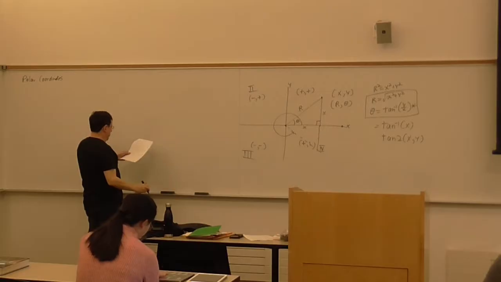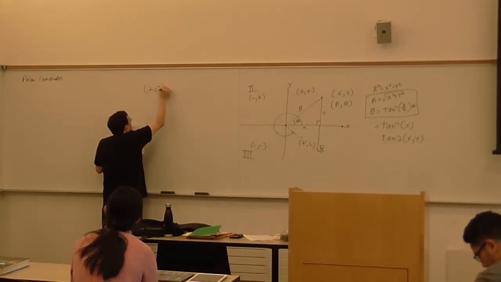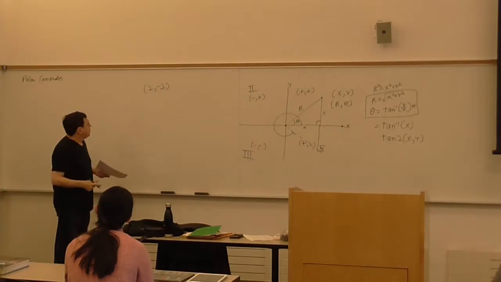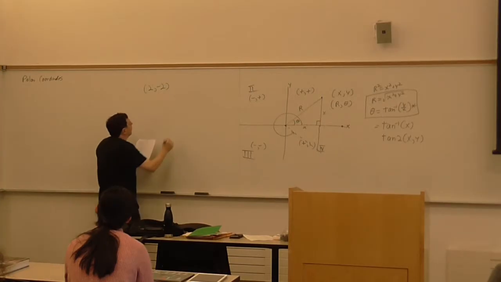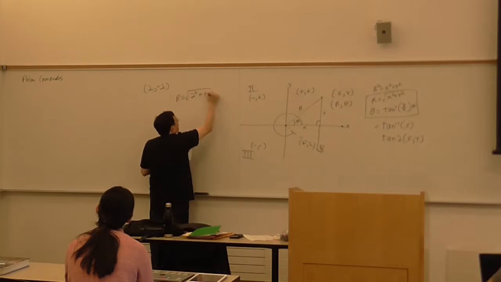I want to convert the Cartesian coordinates (2, -2) to polar. Well, my r is going to be the square root of 2 squared plus -2 squared.